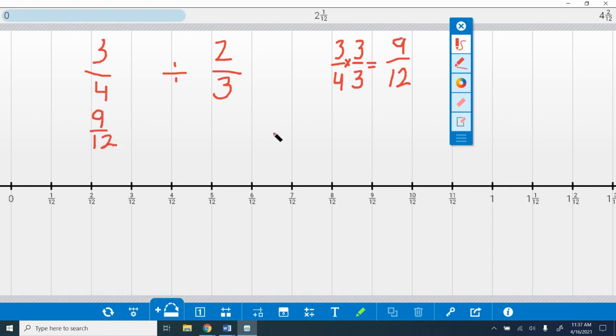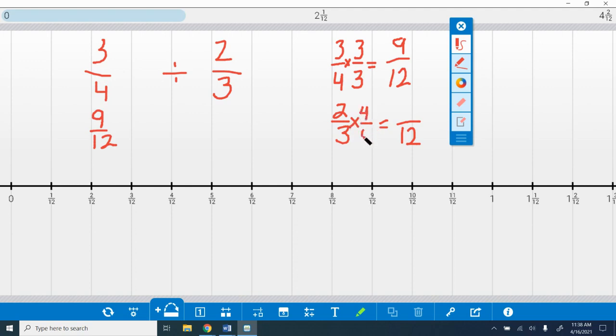And now I would like to figure out an equivalent fraction to 2/3 with a denominator of 12. So what would we have to multiply 3 by to get 12? Well, 4. So we're going to multiply 2/3 times 4/4.